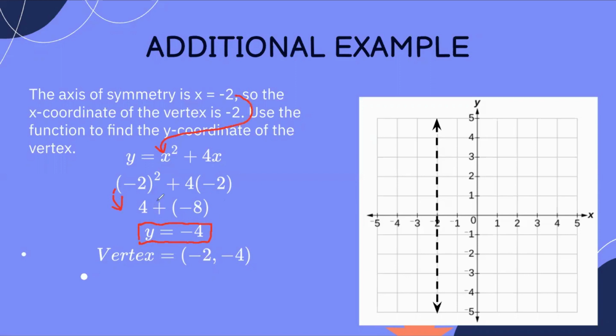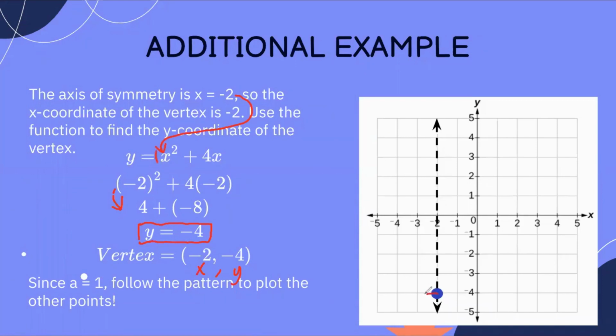Now use those two values, your x and y value, and make that into an ordered pair. Your vertex would just be negative 2, negative 4. And now you can go ahead and plot that on your coordinate plane. It would be right here. And again, I'm just going to use the same exact pattern that we've been using from the parent function, since our a value is still 1.